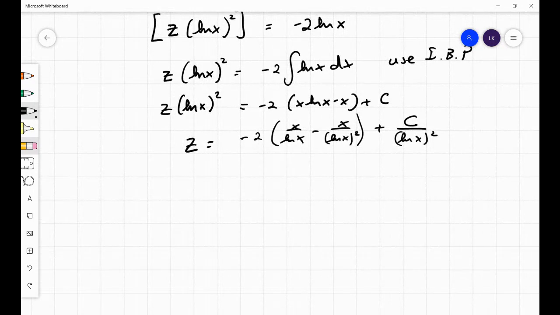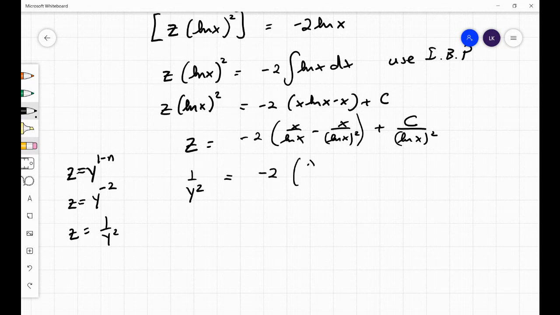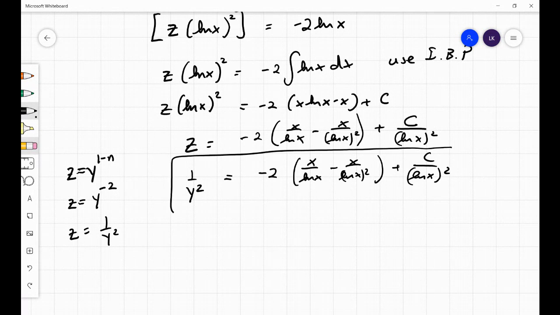Where z, recall, remember we defined z to be y to the power 1 minus n, and n happens to be 3, so z is equal to 1 over y squared. Okay, and then if you wanted to, you could solve for y or leave it in the simplistic form. This is our general family of solutions to the differential equation, our Bernoulli differential equation.